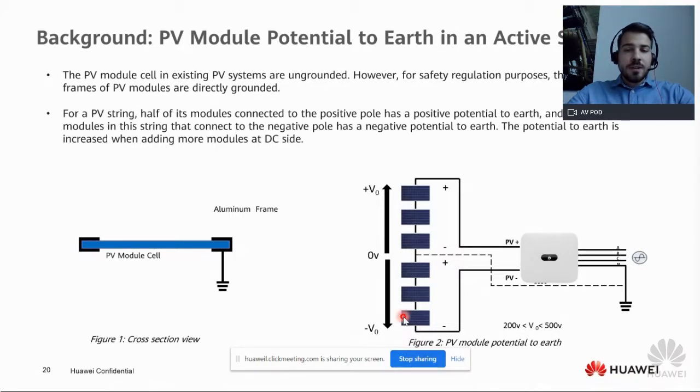This comes from the fact that there are sodium ions which will go into the cells, so it will degrade the cells due to this force, which is driven by the potential difference between the frame and the cell. So this is one of the key factors which affects the power of the panel.